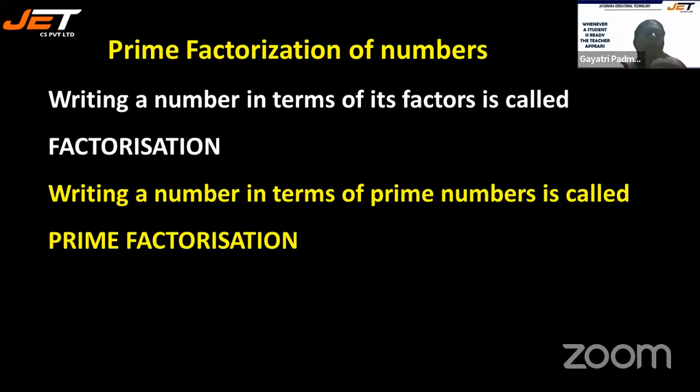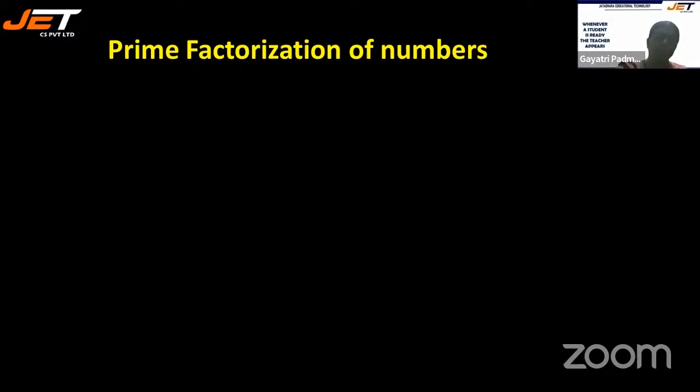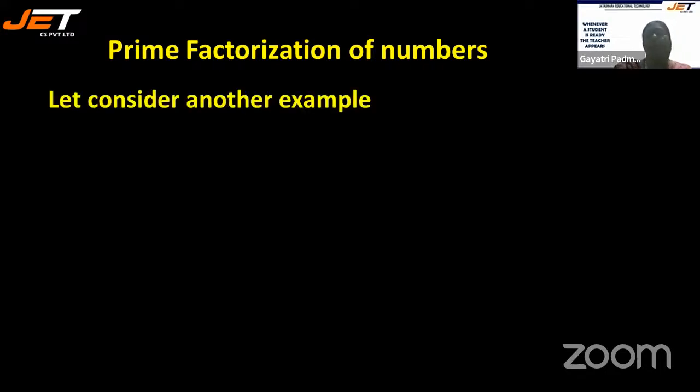So when the number is written in terms of its factors, it is called factorization, and when we write these numbers in terms of prime numbers, it is called prime factorization. Right. Now, this can be illustrated with good examples.